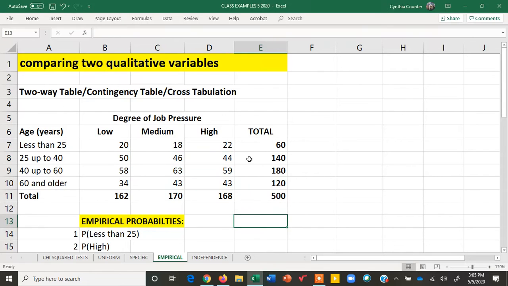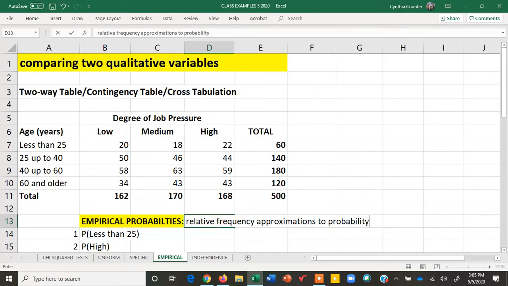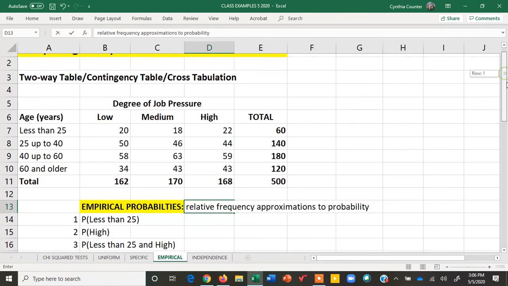It's not theoretical, but computed from collected data. You can also think of these as relative frequency approximations to probability, right? So they are approximations based on data. Empirical, based on data, meaning relative frequency approximations.